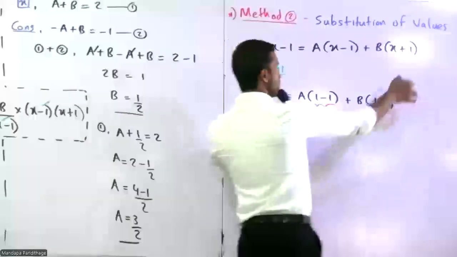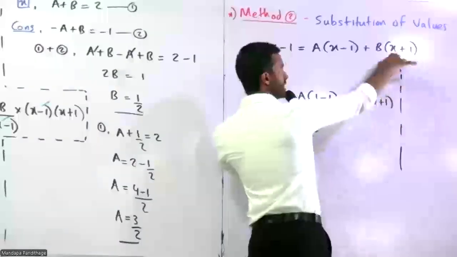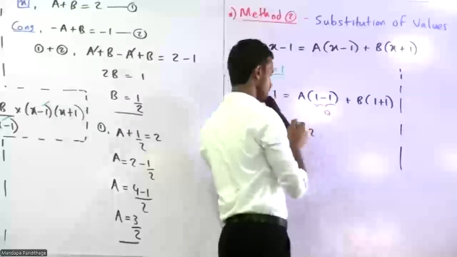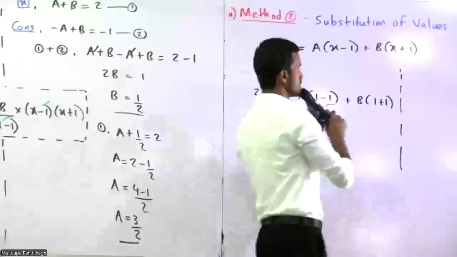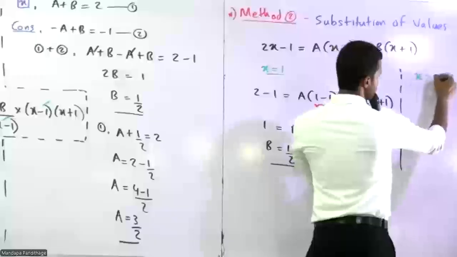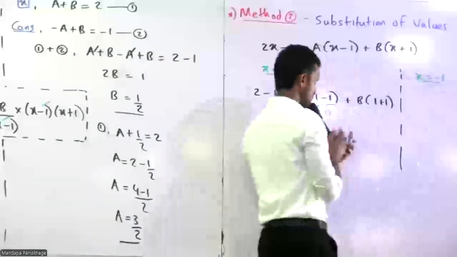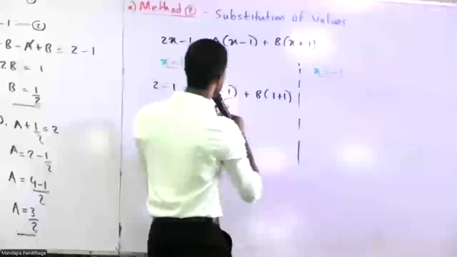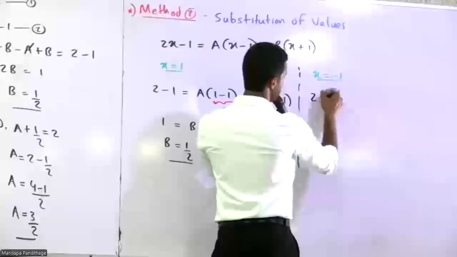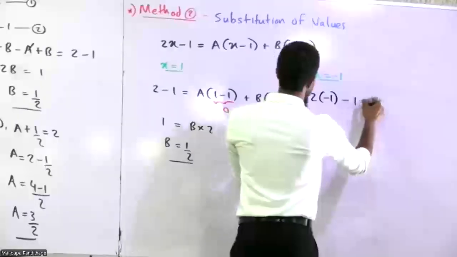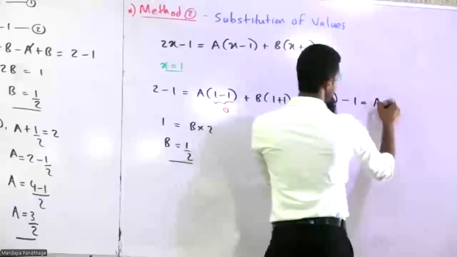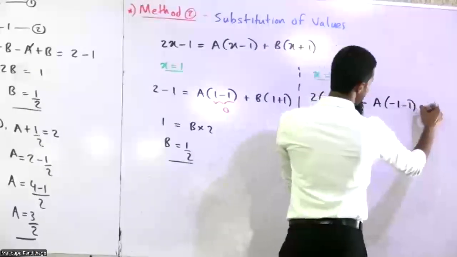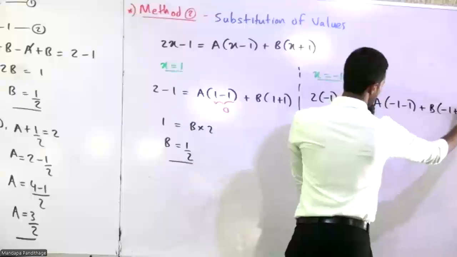The same way, you can substitute x equals minus 1 in order to make this 0. So I'm putting x equals minus 1 to make this 0. And then here it's 2 times minus 1 minus 1 is equal to a times minus 1, b times minus 1 plus 1. So I told you, you don't have to write this here after.